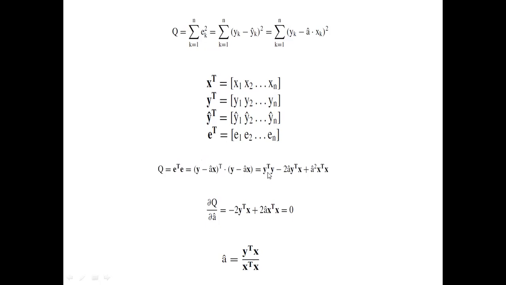This is y transpose y minus 2a y transpose x plus a squared x transpose x. Taking the derivative, dQ by da equals minus 2 y transpose x plus 2a hat x transpose x equals 0, and a hat is equal to y transpose x divided by x transpose x. Okay, so this is the case we will be taking.